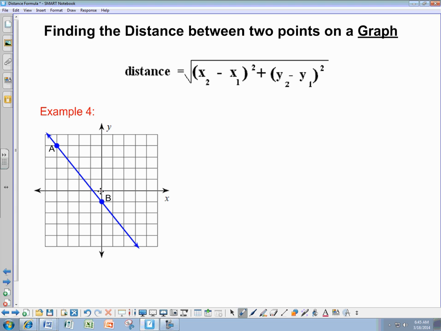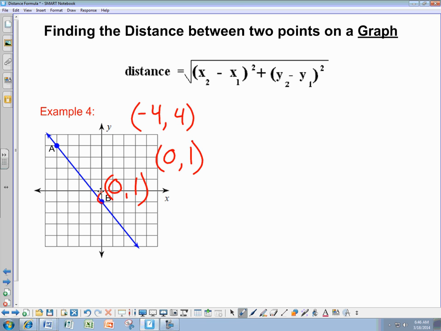So A is located at 1, 2, 3, 4, negative 4 for the X, and 1, 2, 3, 4, positive 4 for the Y. And then B is located at 0 for the X, because we don't move left or right there, and then just 1 down. So 0, negative 1. So those are our values for A and B.